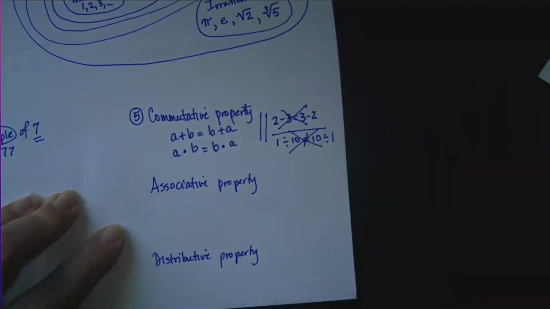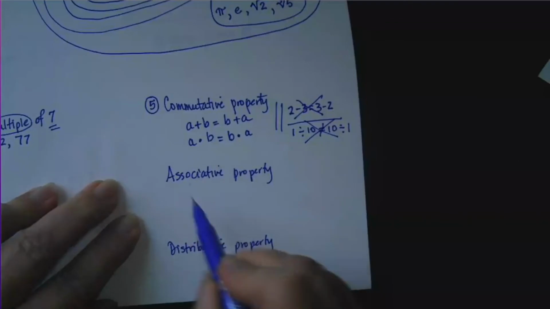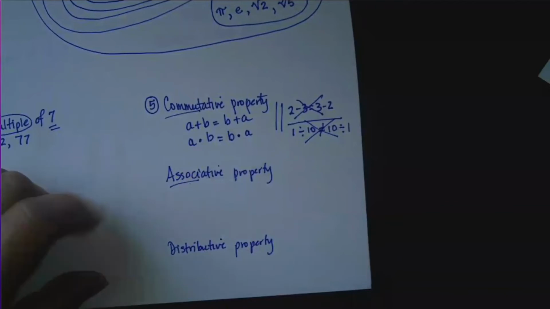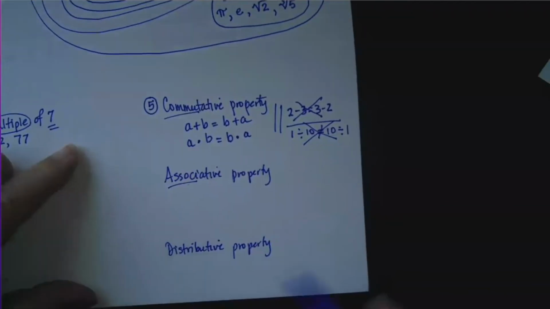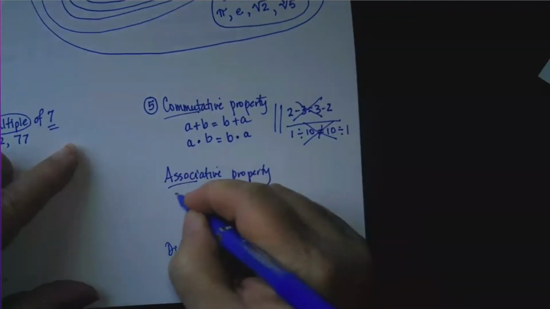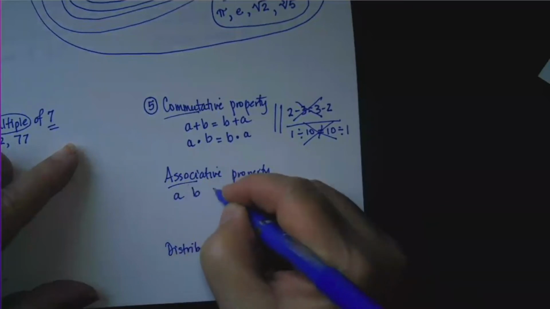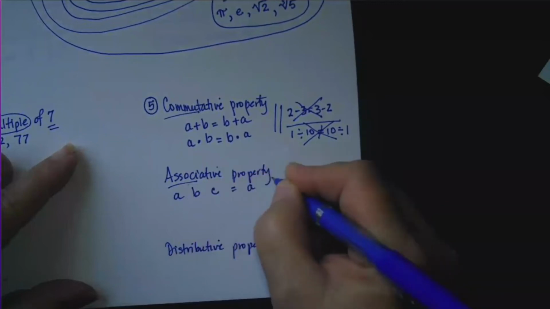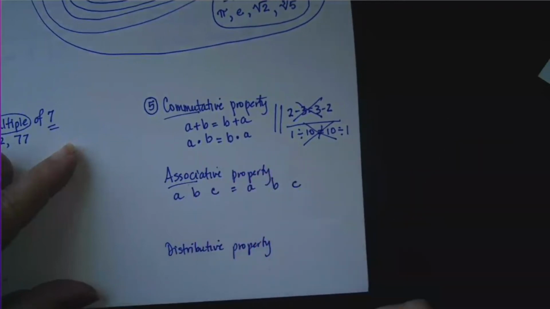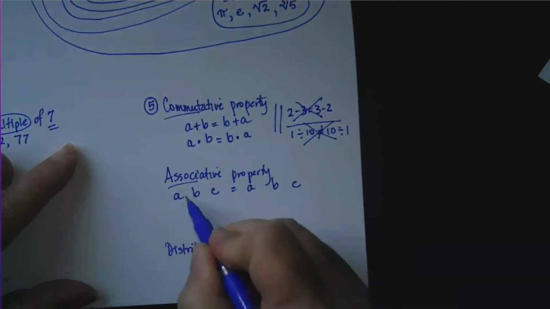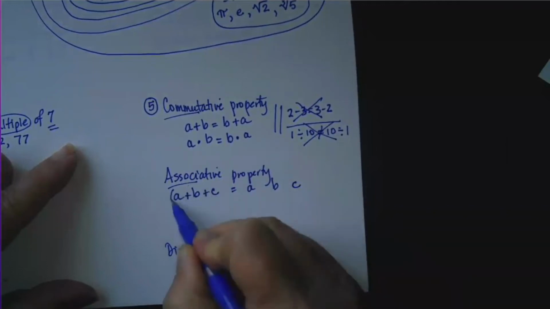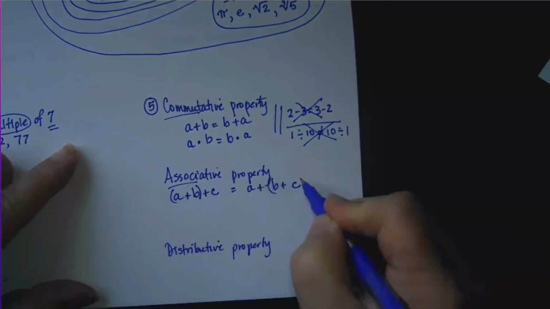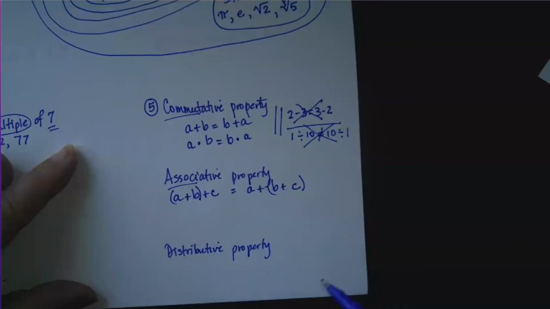The associative property. When you think about associate, pay attention to the root words: who's associating with whom. Let's say that I have 3 values. It doesn't matter who I associate together over addition. I can either put A and B together, again, addition is taking place, or I can put B and C together, and it won't matter.